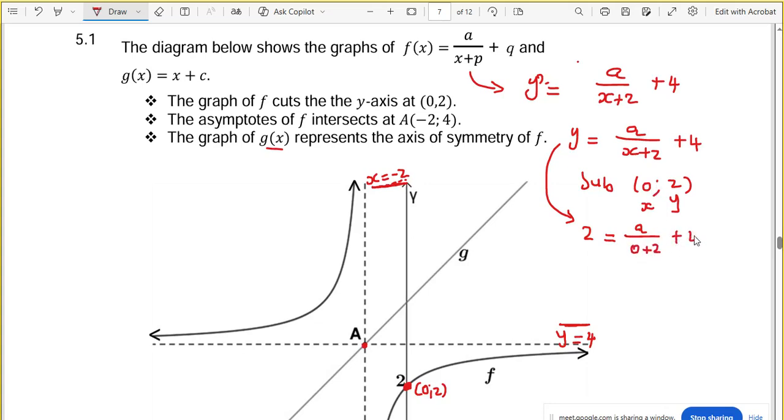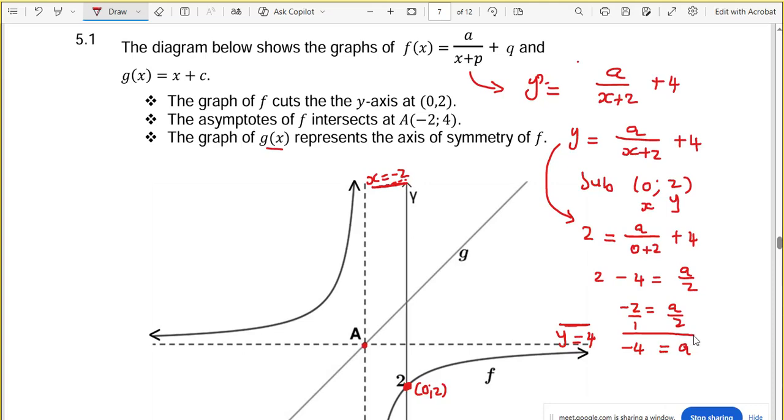Then now you can solve for a. So this is 2. The 4 comes this side to be negative 4, and then this will be a over 2. 2 minus 4, that's minus 2, equals a over 2. We can just cross multiply. This is over 1. This will give us minus 2 times 2, which is minus 4, and a times 1, that's a.